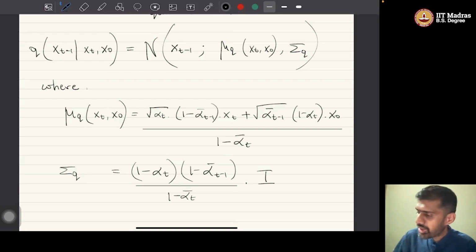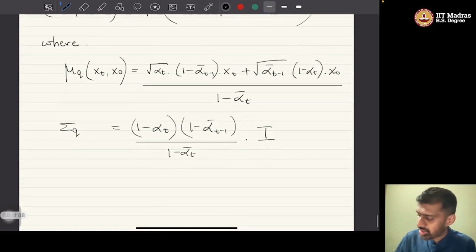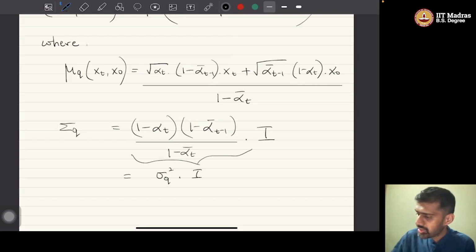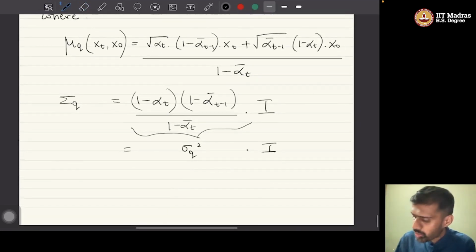See, all of these are scalars, I am just scaling, so this can actually be written as some sigma q squared times identity, where sigma q squared is simply this entire expression, a scalar. So both mu q and sigma q are known and computable.